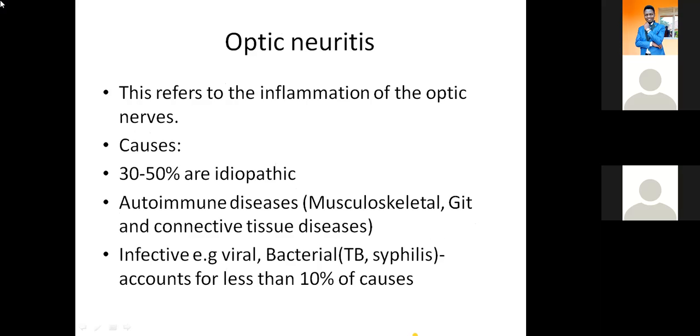So I'm now talking about the abnormalities of the optic nerve. The first one is optic neuritis, which refers to the inflammation of the optic nerve. In about 30 to 50% of the cases, no known cause can be identified. Those are idiopathic. The other causes are autoimmune diseases, like we see in ankylosing spondylitis, multiple sclerosis, Crohn's disease, and so many others.